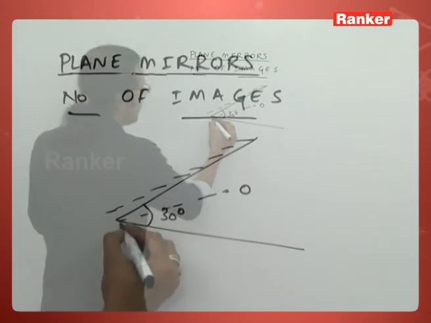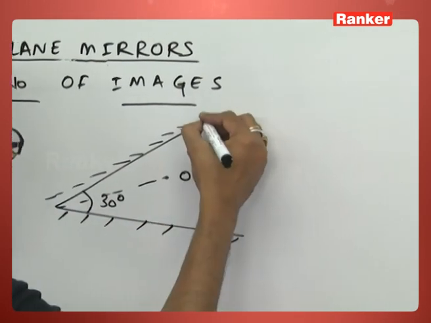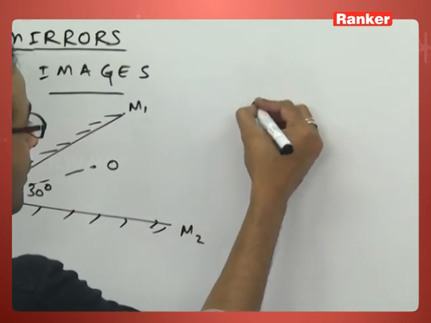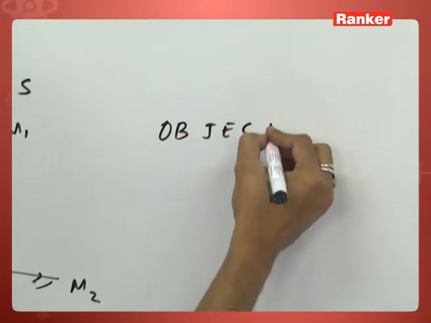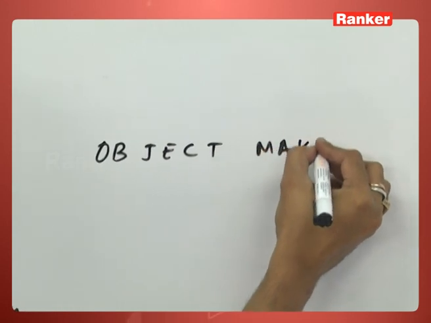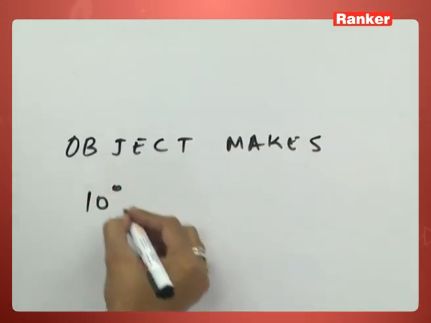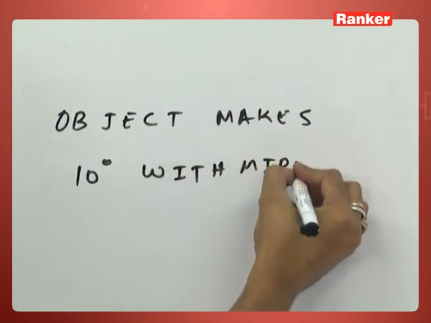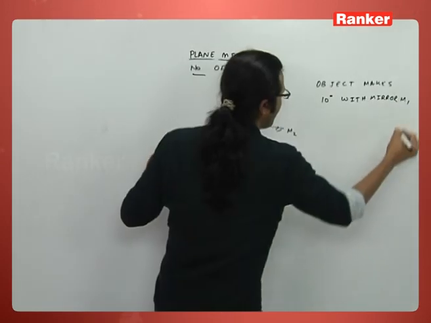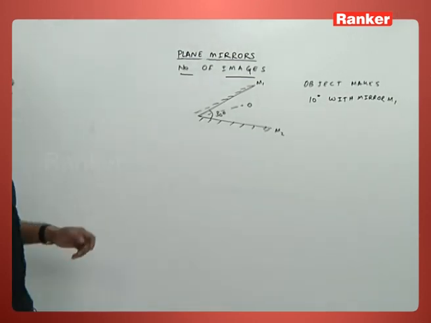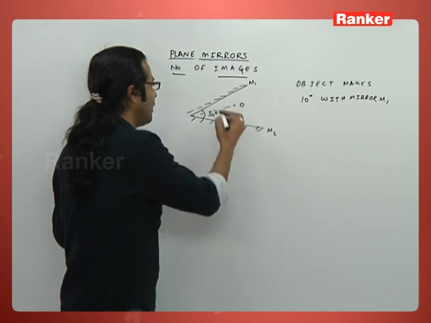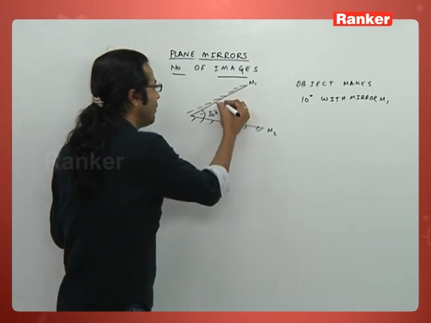Suppose I say this is mirror M1, this is mirror M2. So I write object makes 10 degree with mirror M1. So angle between the two mirrors is given as 30 degree and the object makes an angle of 10 degree with mirror M1.